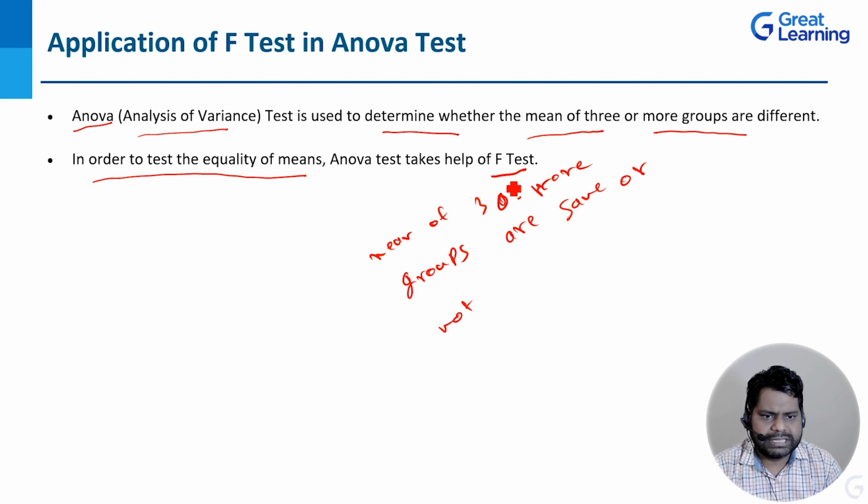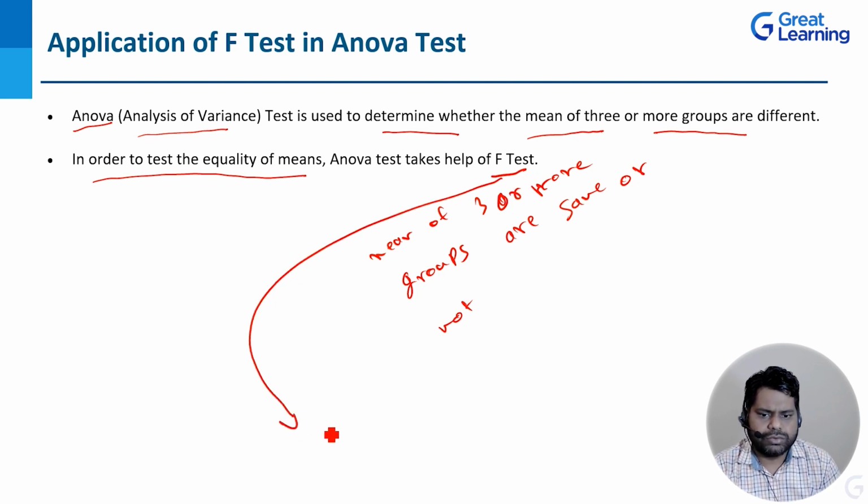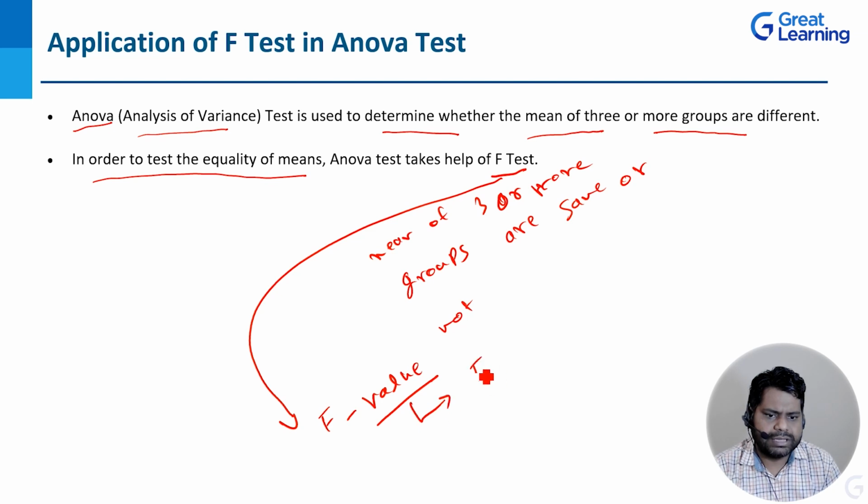So we calculate the F statistics. When we do the F statistics, we get an F value. With that F value, we compare it with F critical, or we can say F tabular. If our F value is greater than this one, we can reject the null hypothesis. Or if the F value is not greater than the F tabular value, we fail to reject the null hypothesis.